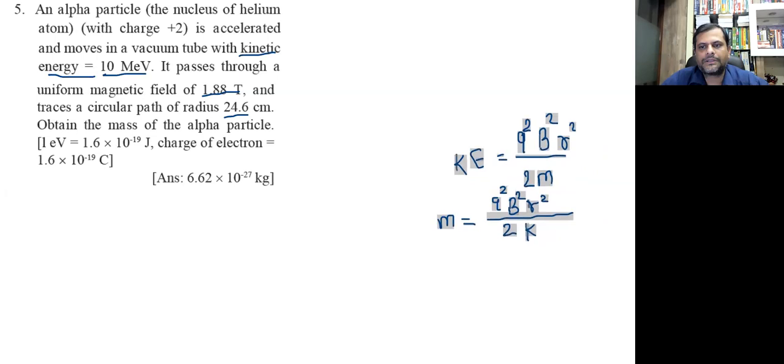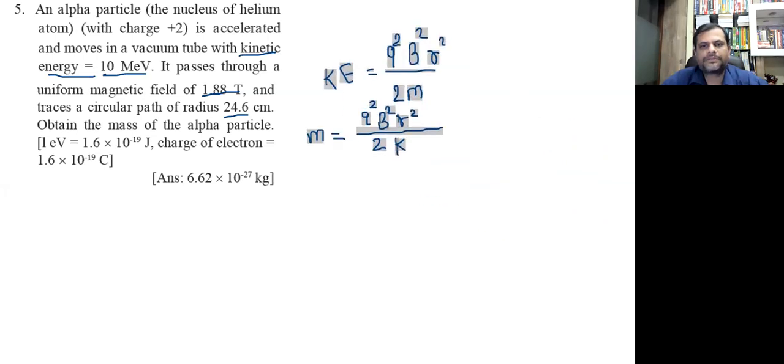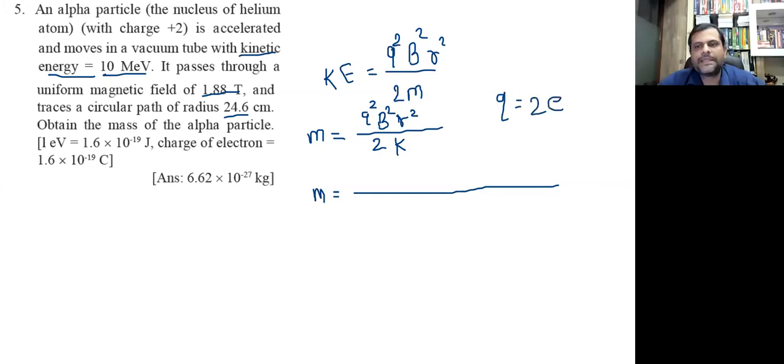Okay, just take this here so that we can solve it further. Actually the charge is +2e. So in place of this q, what do we have to put? q is going to be equal to +2e.